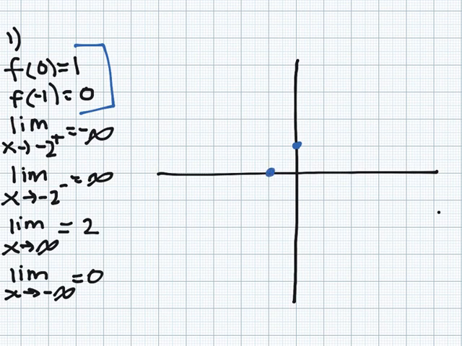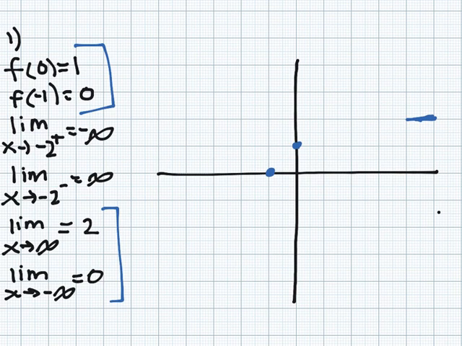Next, we can find our horizontal asymptotes, or our limits, as x approaches infinity and negative infinity. So as x approaches infinity, we're going to get closer and closer to 2. So as x keeps increasing, we're going to get closer and closer to 2. So towards the end of the graph, we're going to have a point that is closer and closer to 2.